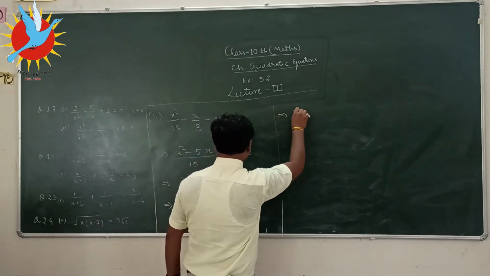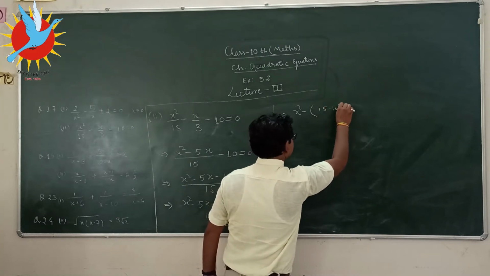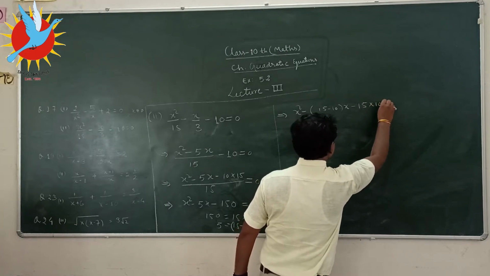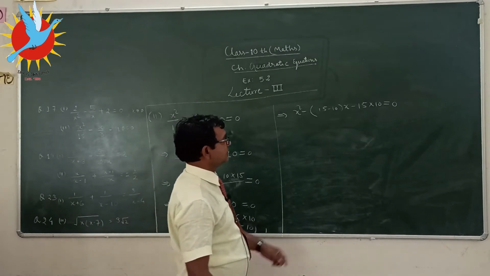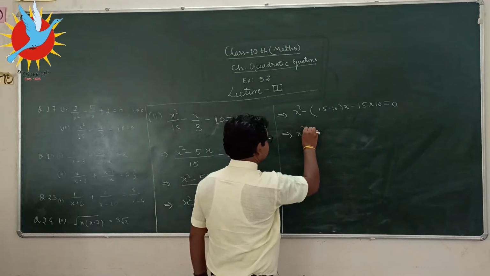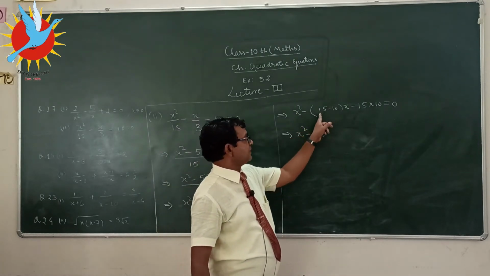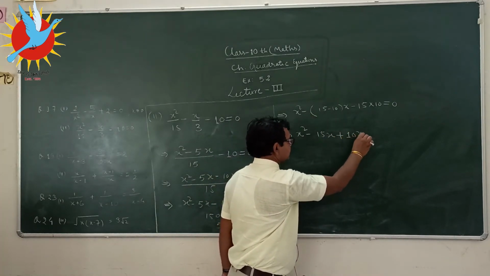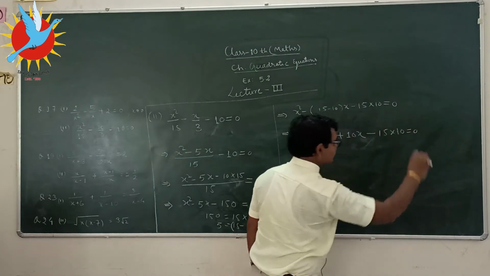We have x square minus 15 minus 10 into x minus 15 into 10 equal to 0. This 150 can be written as 15 into 10, which gives x square minus, open this bracket, this becomes minus 15x, and this minus minus becomes plus 10x minus 15 into 10 equal to 0.